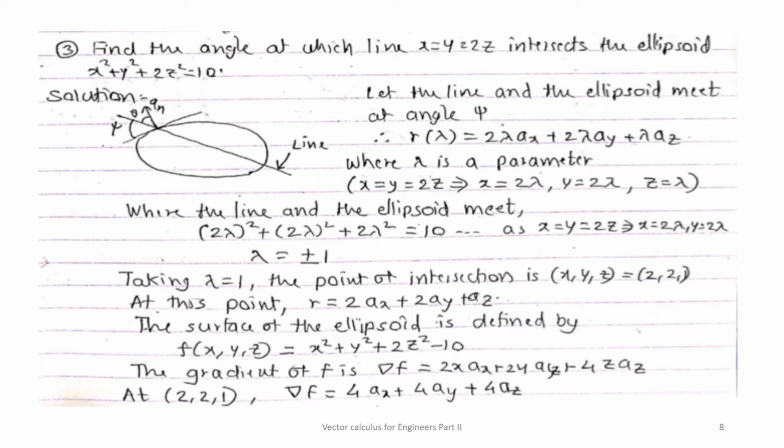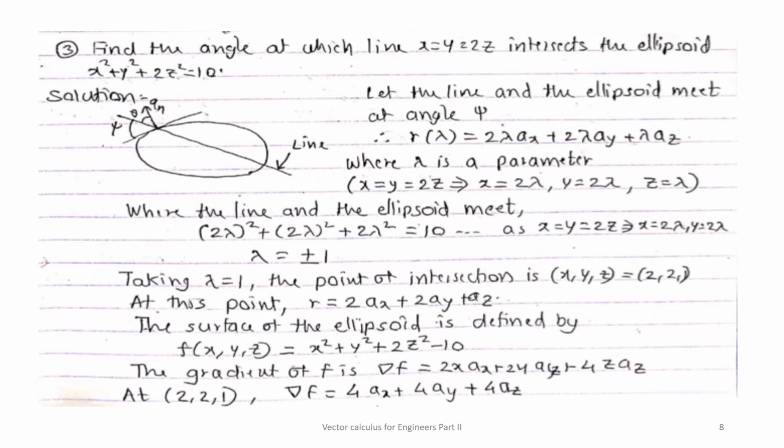So here first lambda is the parameter which is assumed, and since we assume lambda as a parameter, we'll get the equation r lambda is equal to 2 lambda ax, 2 lambda ay, and lambda az. So by putting x is equal to y is equal to 2z, as it is given, and by putting the value of x is equal to 2 lambda, y is equal to 2 lambda, and z is equal to lambda, we get this equation in terms of r lambda.